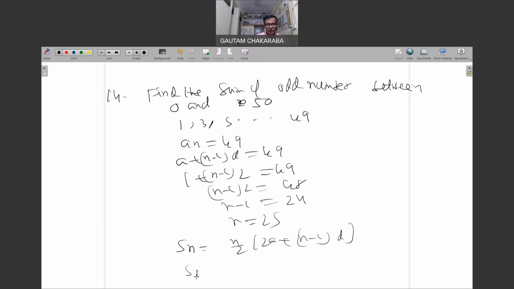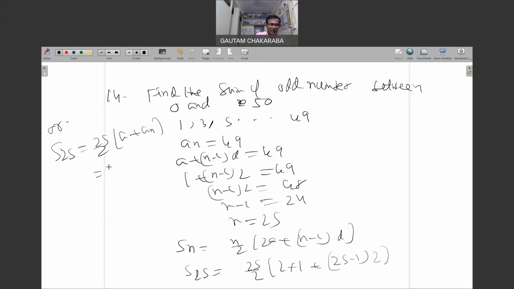Here the 25 terms sum is 25 by 2 into 2 into 1 plus 25 minus 1 into d, where d is 2. Otherwise, the simple way is n by 2 into a plus last term, where a is 1 and the last term is 49.